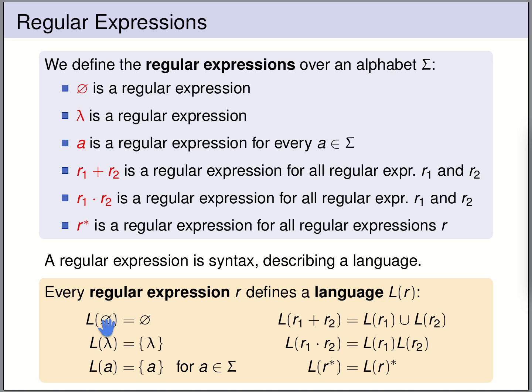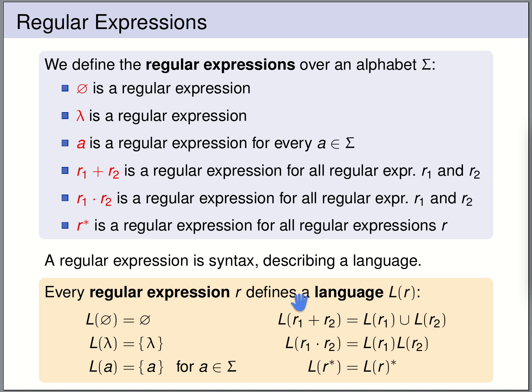Also, the interpretation of the symbol lambda is the language that just contains the empty word. So it's not the empty language, but it's the language that contains just a single word, the empty word. The interpretation of a single letter is the language that just contains the word consisting of the single letter. So the language of the regular expression a is the language that just contains the word a.